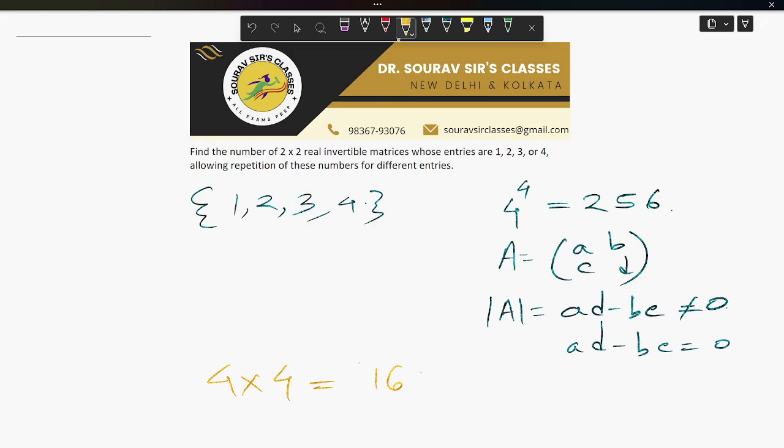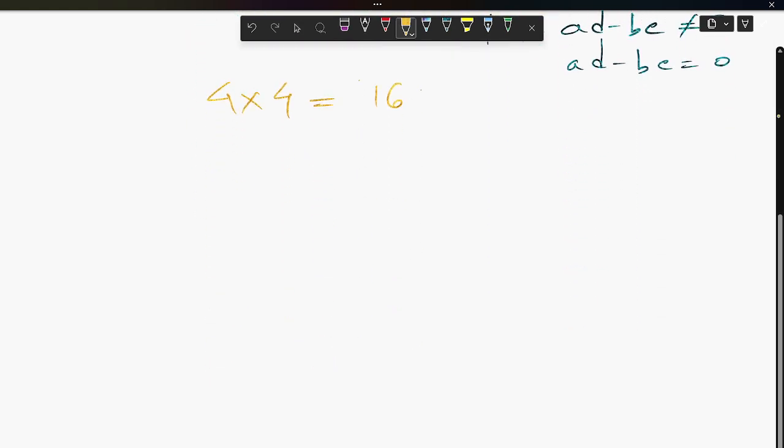Now choose A, and then we have to determine D. Once A is chosen, D must be determined by the condition AD minus BC is equal to 0.